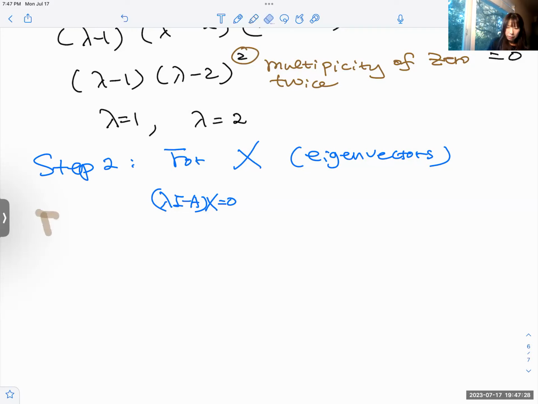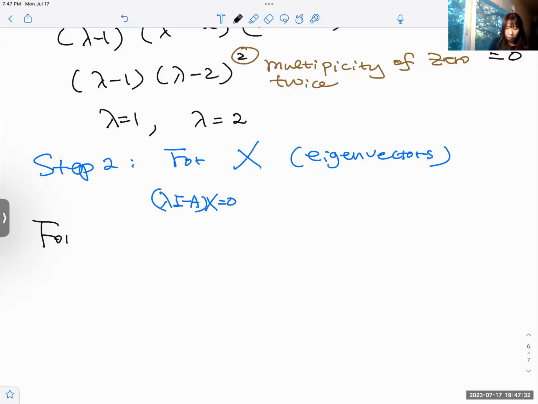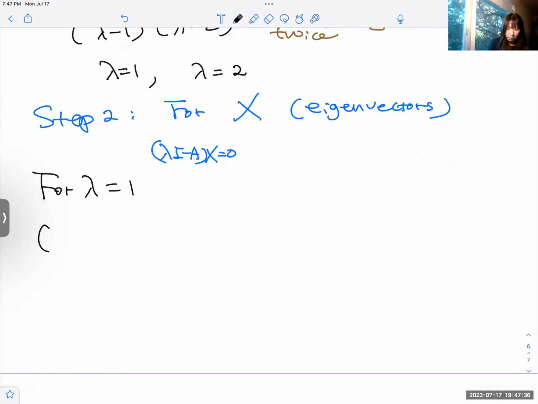So for lambda equal to 1, there will be 1 0 0 0 1 0 0 0 1. I am doing this one.